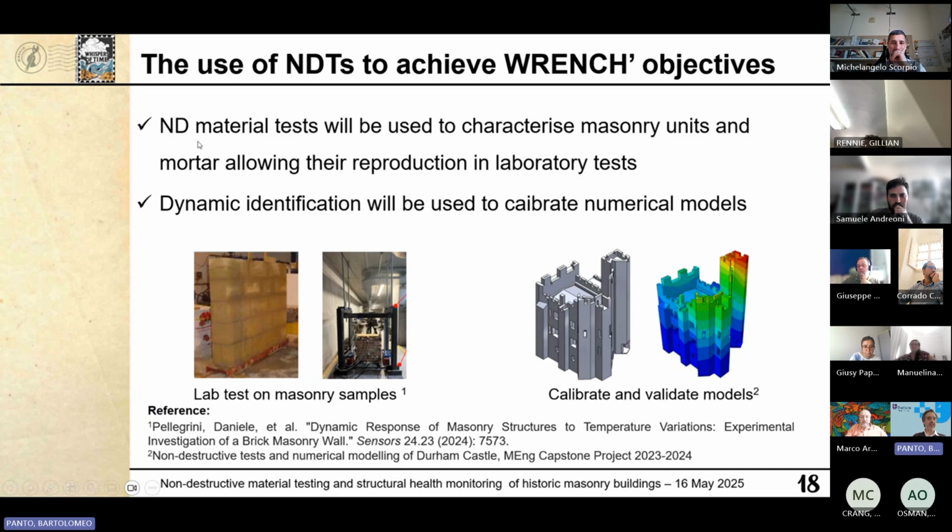It will provide us information about the materials and the geometries of the walls, and we will use this information in two ways basically. One is to calibrate our models, as we discussed in the previous slide, and that is what is represented on the right part of this slide. As soon as we have a numerical model that we can judge as accurate, we can use it to investigate numerically different aspects.